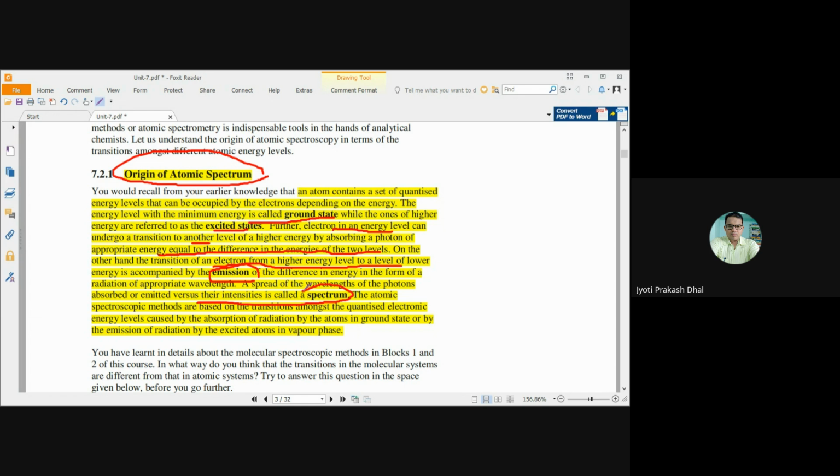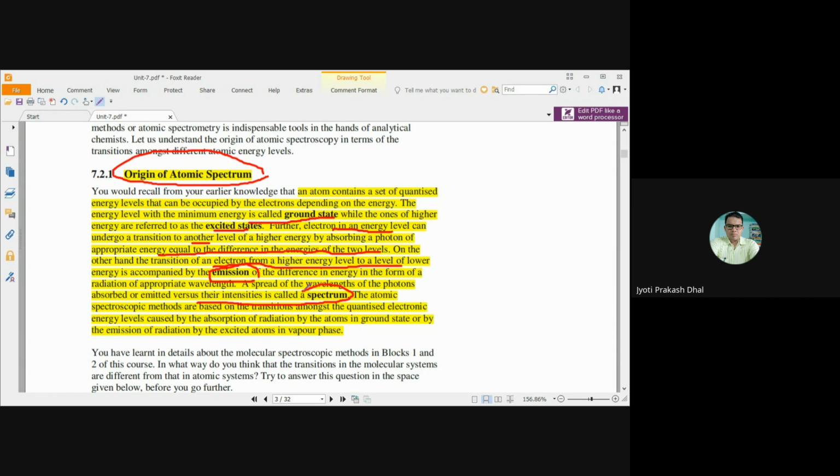So when an atom is excited by absorbing electromagnetic radiation or by any other technique, the electron will move from the ground state to an excited state, and which excited state it moves to depends upon the amount of energy absorbed.